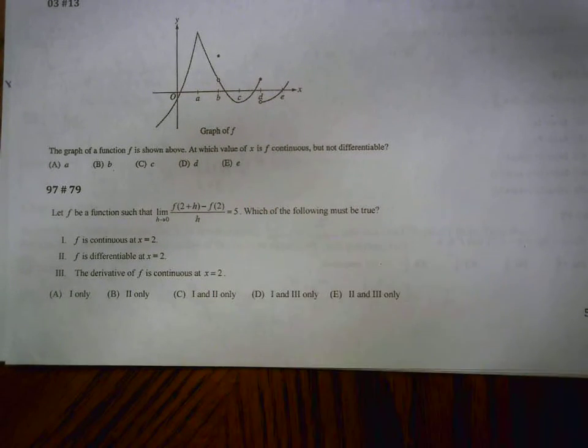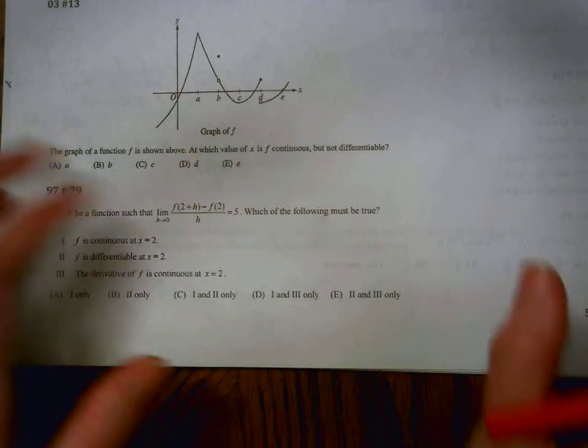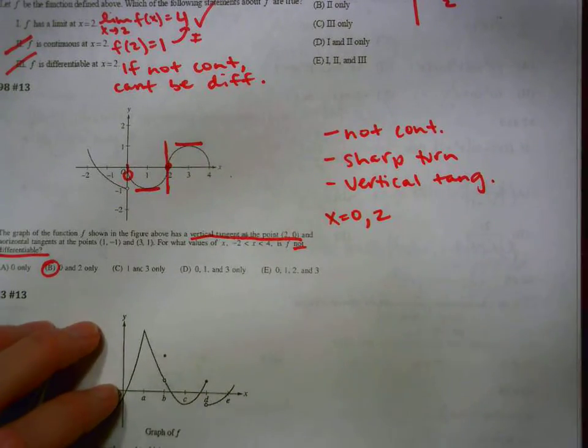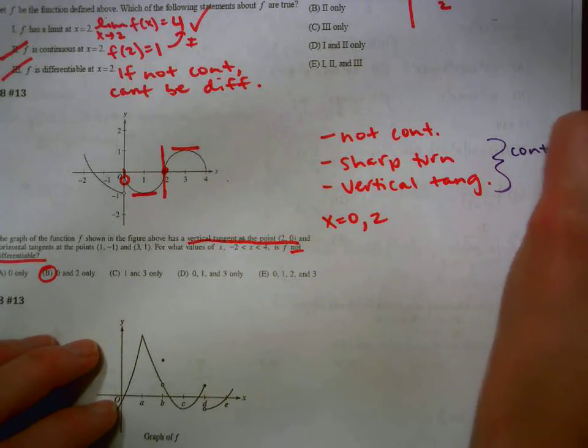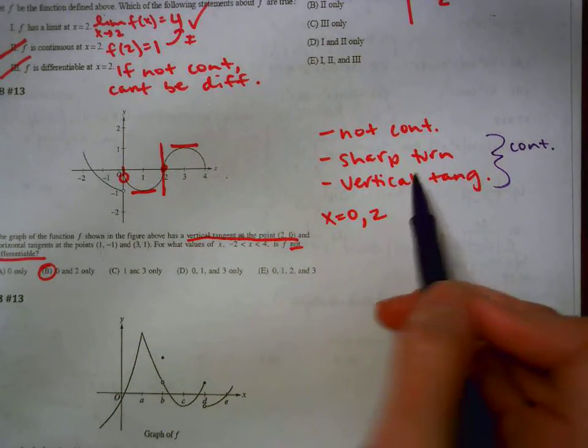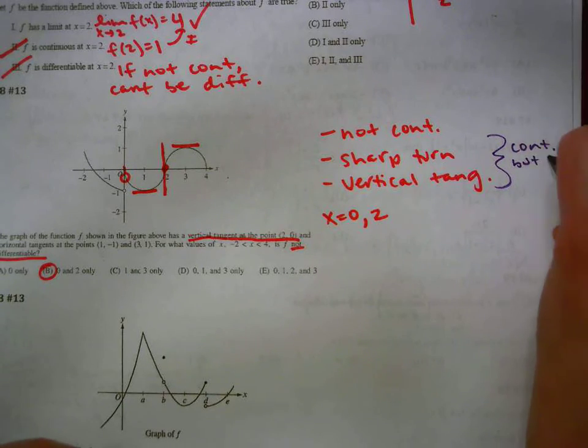Next one: the graph of a function f is shown above. At which values of x is it continuous but not differentiable? So what does it mean to be continuous but not differentiable? These two spots, right? A sharp turn and a vertical tangent line are continuous but not differentiable.